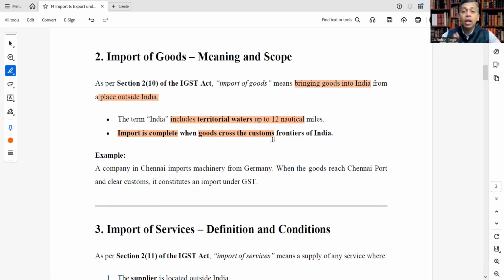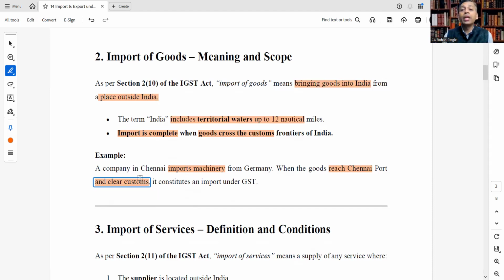Now, when is import complete? When goods cross the customs frontiers of India. Let's say for example, a company in Chennai imports machinery from Germany. Only when the goods reach Chennai port, import is not completed.